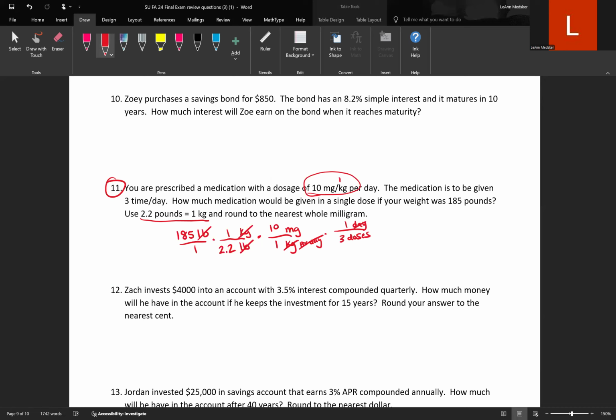So this will be milligrams per dose when we're done. It's 185 divided by 2.2 and then times that answer by 10 and then divide that answer by 3. Round to the nearest whole milligrams. This is going to round for me to 280 milligrams. And that would be per dose. Okay.